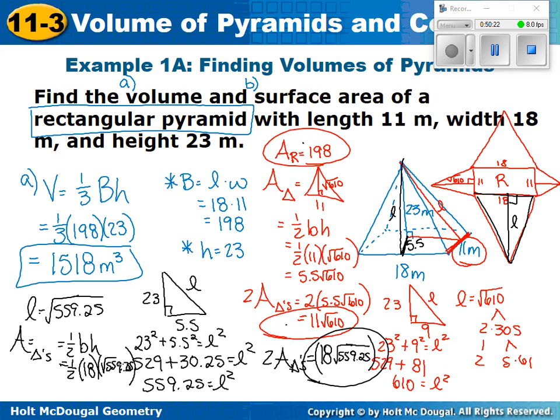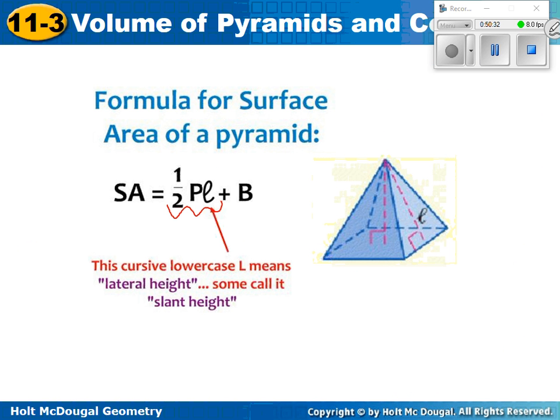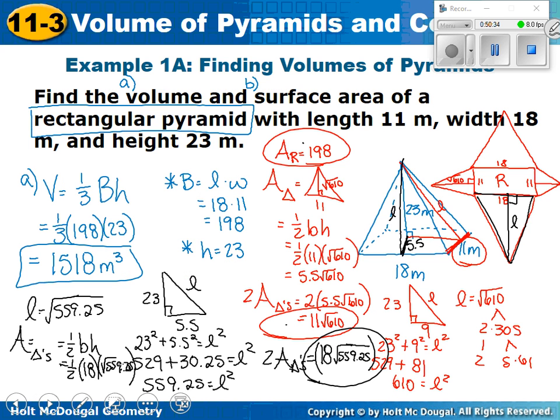Anybody have an answer yet? What's our volume? Or sorry, surface area? Nobody has an answer? Somebody scared to answer? Brendan, did you get an answer? What'd you get? That's what I got. 895.4 meters squared. Did anybody not get that and not understand where they went wrong?